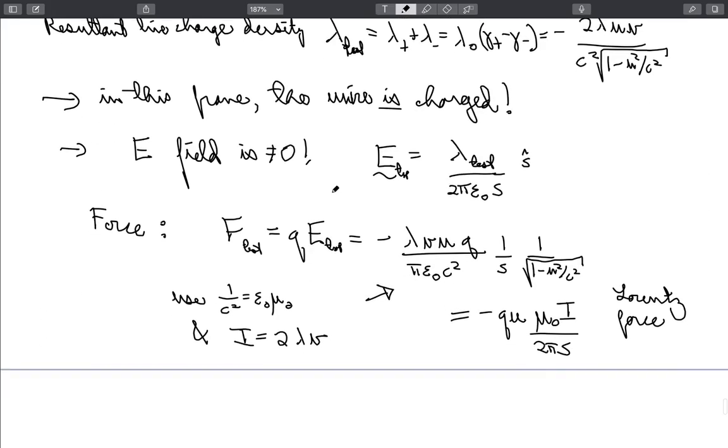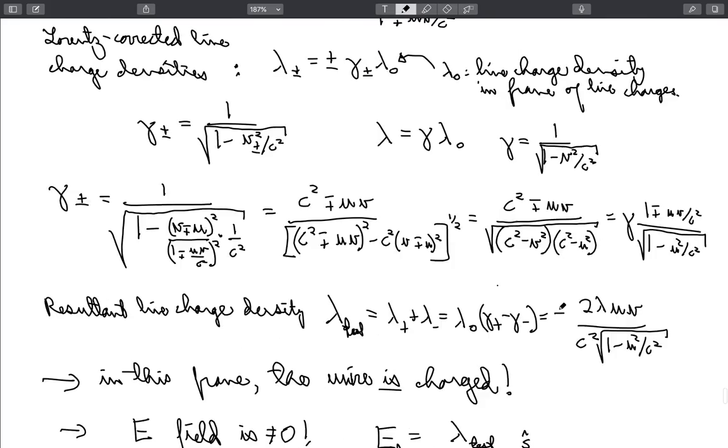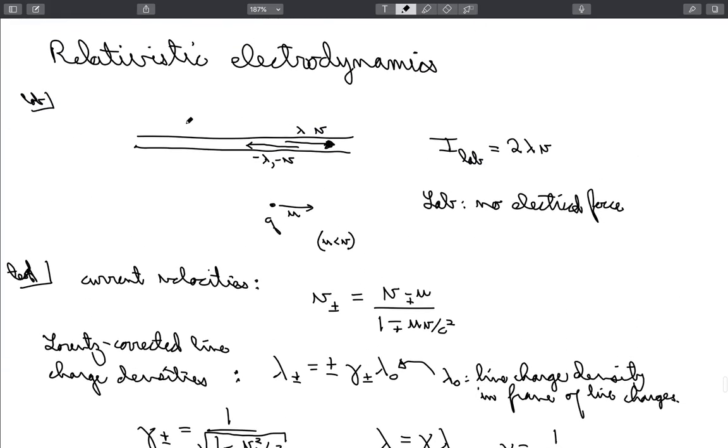But fortunately, the two things completely correspond to each other. So how does it work in total? In the original frame, I've got a magnetic force coming from the wire that acts on this charge here, moving at a velocity v. But this charge cares about the electric field and the magnetic field. The electric field is 0 in that frame because the charges are essentially adding up to 0.